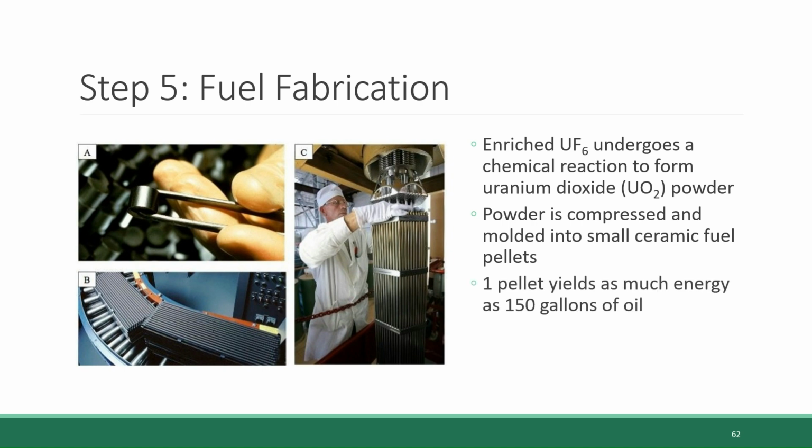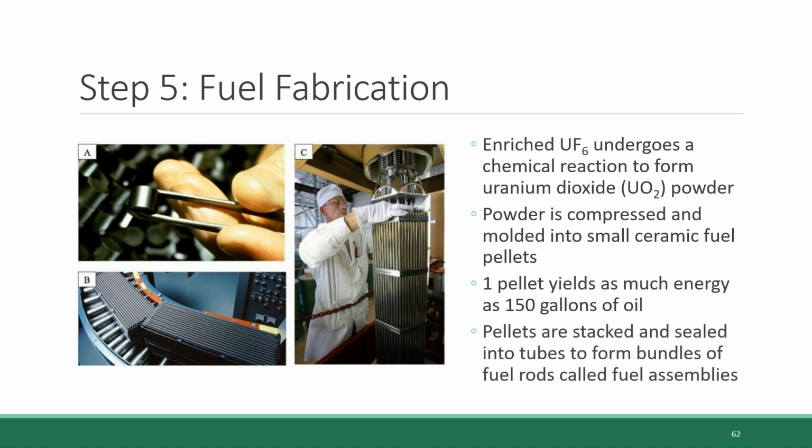But a single pellet yields roughly the same amount of energy as 150 gallons of oil. The pellets are stacked and sealed into tubes called fuel rods, which are then bundled together to form a fuel assembly, which is what you see pictured in C. And this fuel assembly is what gets placed in the nuclear reactor at the plant.